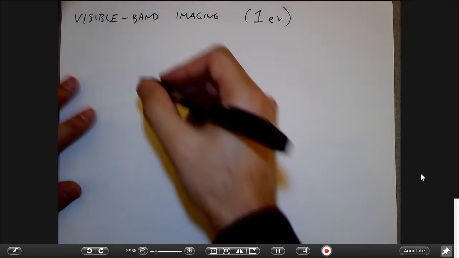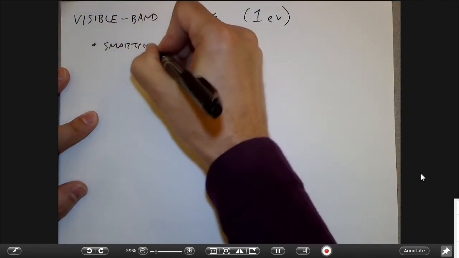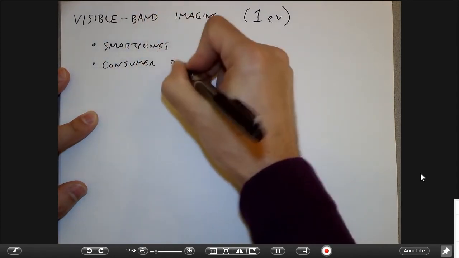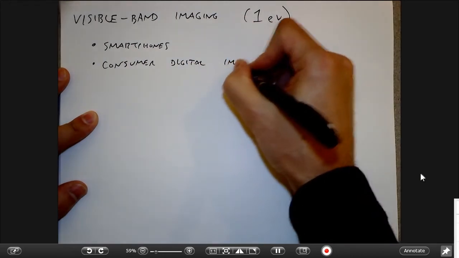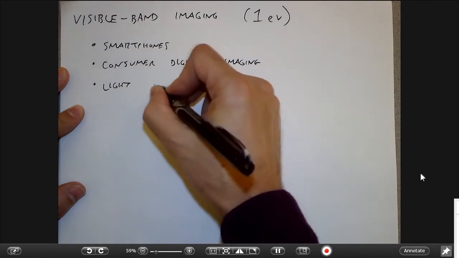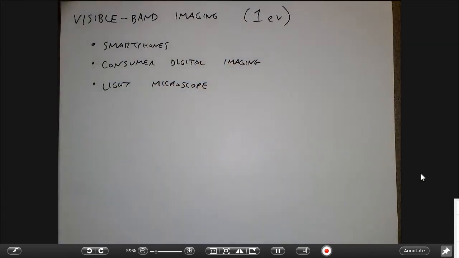Certainly smartphones, basically any sort of consumer digital imaging. The image I just had on the screen was from a microscope. If you ever had a microscope as a kid, you were probably using light microscopy, where you stain a sample, a similar idea. The sample takes up dye at different rates depending on its properties, and then you shine a light through it or on it, and you see what's going on.